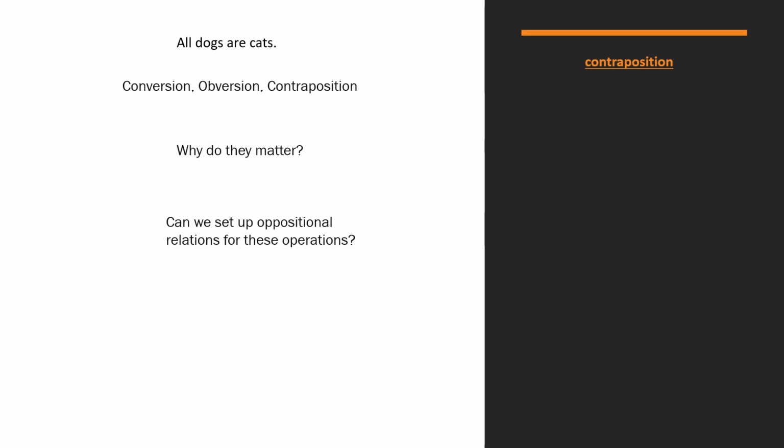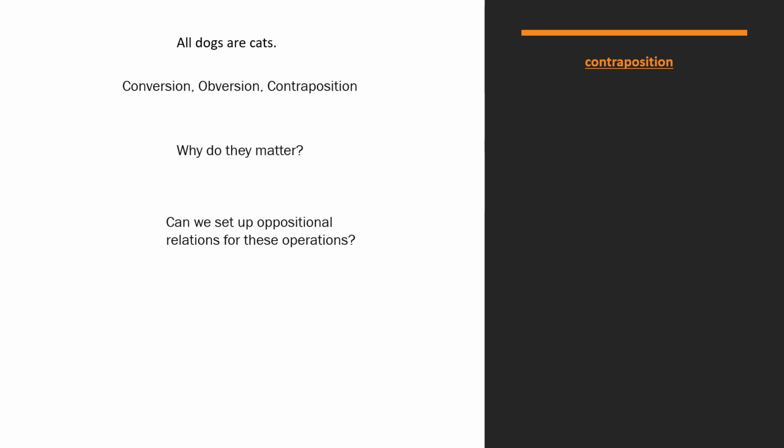So if you notice, if you can still remember, in conversion, only E and I propositions have the same truth value, right? So if an E proposition is true, then the converse is also true. And if an I proposition is given true, then its converse is also true.